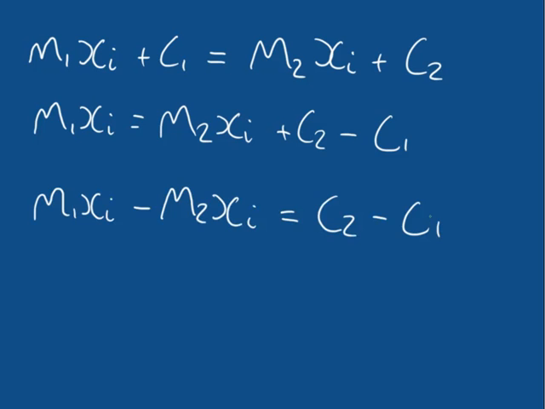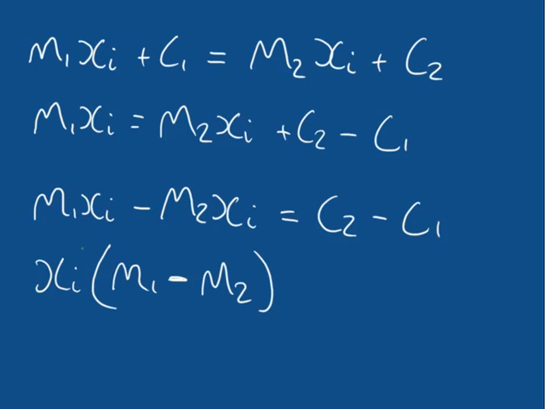Now we can use the distributive law to bring xi out of both of these multiplications, so that we have xi, open parentheses, m1. Because we're subtracting here, we must make sure that we subtract inside the parentheses, minus m2.